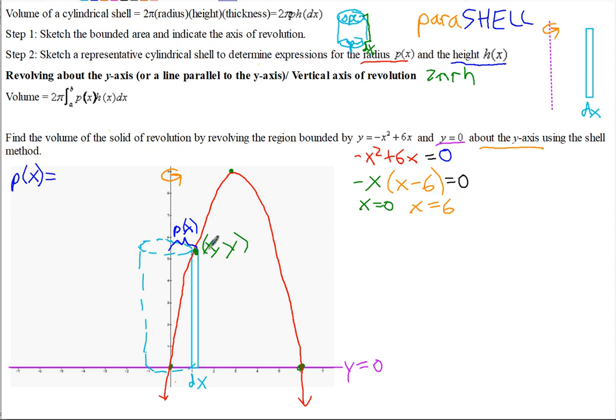So it'd just be x minus our axis of revolution here, which is the y-axis, x equals 0. So it'd be x minus 0. And anytime you're revolving around the y-axis, that's what the radius is going to be. We'll see some other ones where it's a little modified. But it always has the x in it from where your rectangle is, because that's always x away from the y-axis.